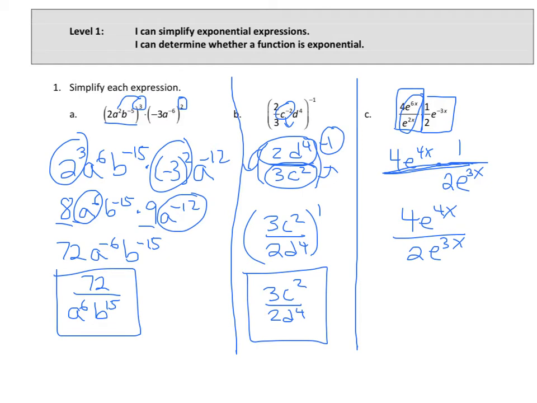And then I would simplify this. So 4 over 2 is 2 on the top. And then again, subtract the exponents for my e's because they have the same base. 4x minus 3x is 1x, so I get 2e to the 1x, or just 2e to the x, as my final answer.